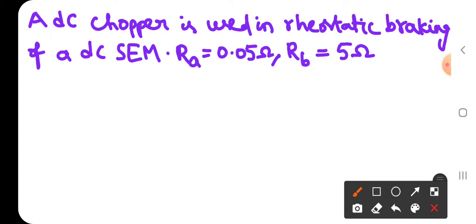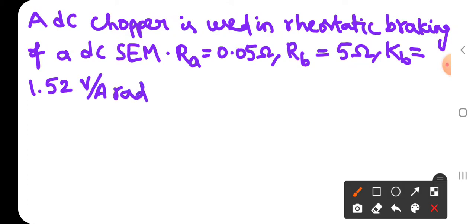The back EMF constant is KB equal to 1.52 volt per ampere radian per second.